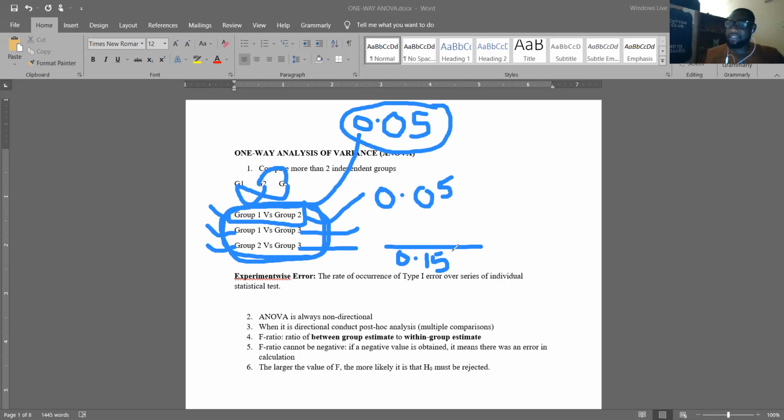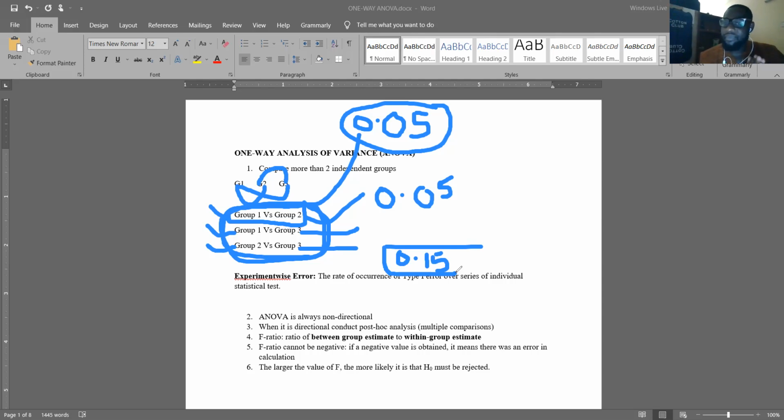You can see that the error you are bound to commit when you run three independent t-tests is around what? 0.15. But when you use one-way ANOVA and run it simultaneously for the comparisons, you get 0.05.